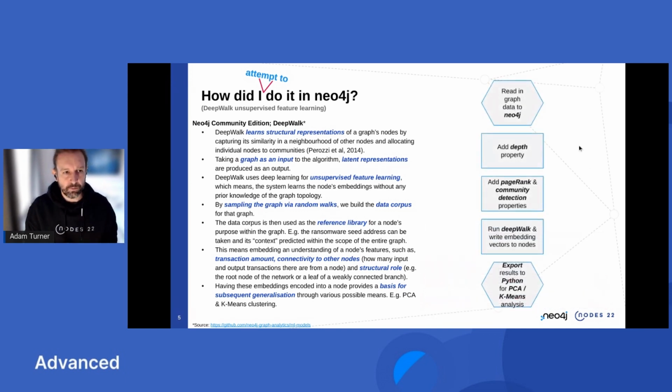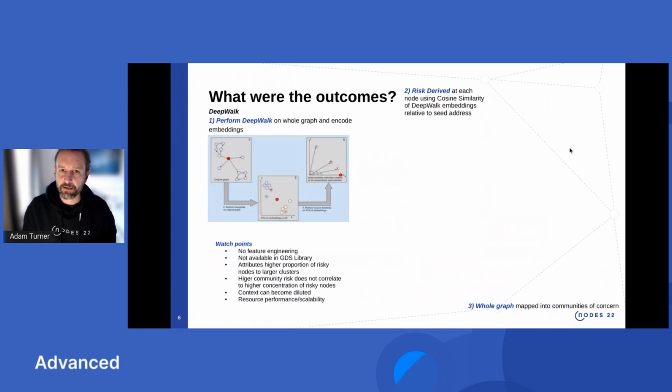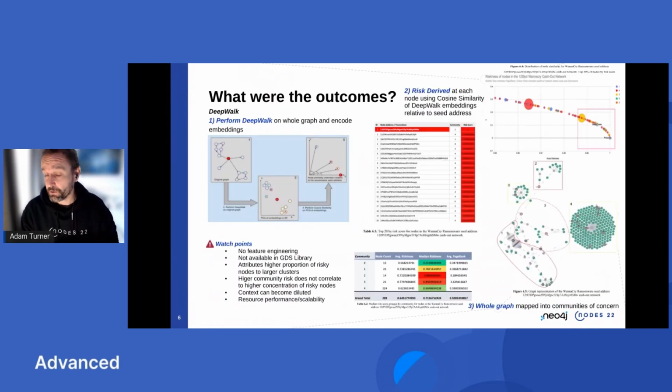So that was the DeepWalk approach, right? The next algorithm that I tried, oh, sorry, before I get to that, actually, what were some of the outcomes of that, which is good to mention. So DeepWalk itself is a transductive algorithm, right? And as I said before, it steps across every node and every aspect of your graph that you would like to perform embeddings on.